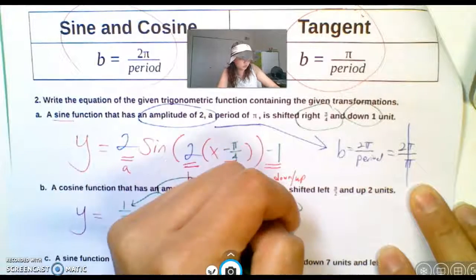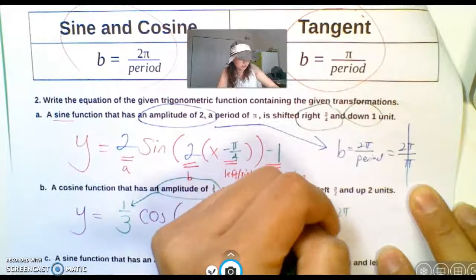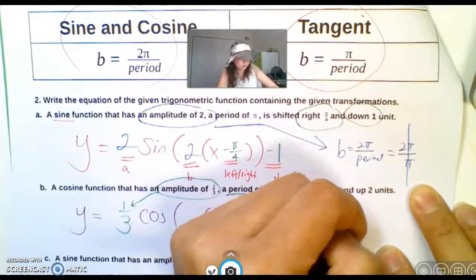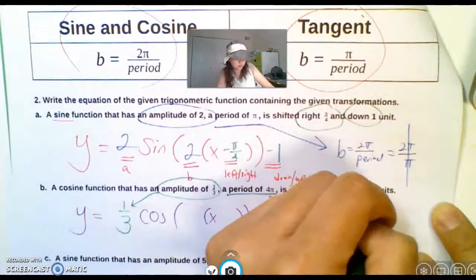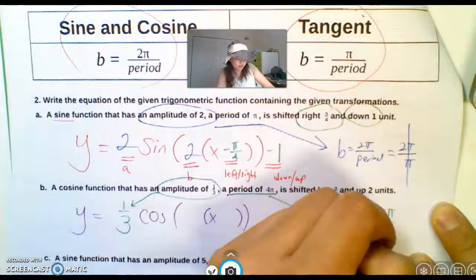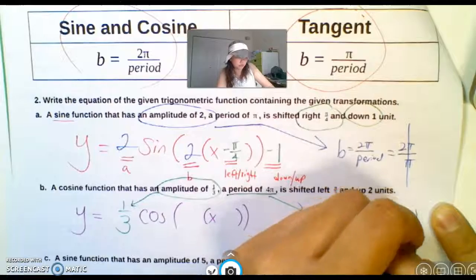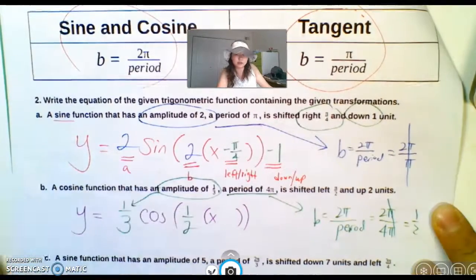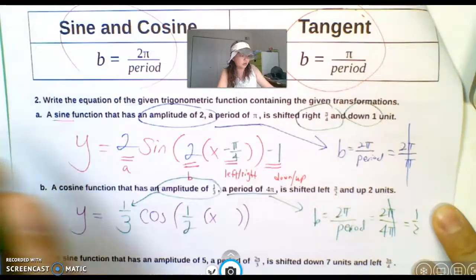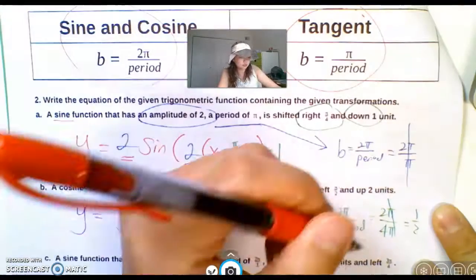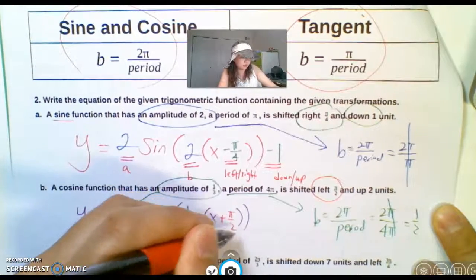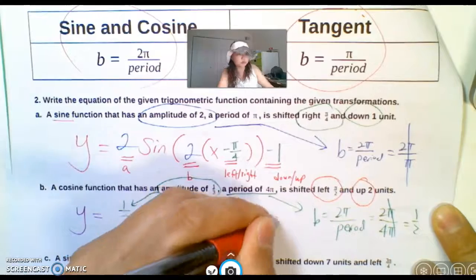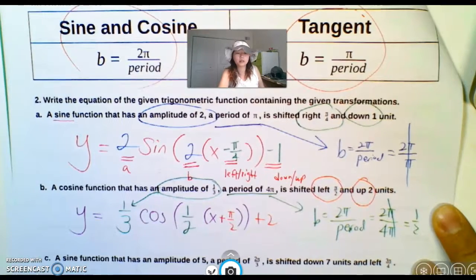Period of 4 pi, so b is 2 pi divided by period. 2 pi divided by 4 pi. The pi's cancel out. That's 1/2, so 1/2 goes right there. Shift it to the left. You don't fool me anymore, right? Plus pi over 2. Up 2 is up 2. Done.